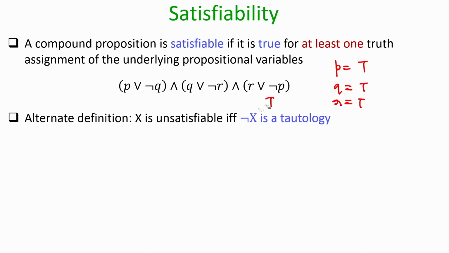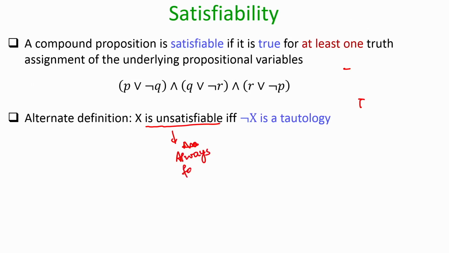An alternate definition for satisfiability is the following. I will say that my compound proposition x is unsatisfiable, I stress unsatisfiable, if and only if negation of x is a tautology. And why so? Because if x is unsatisfiable, that means it is always false.